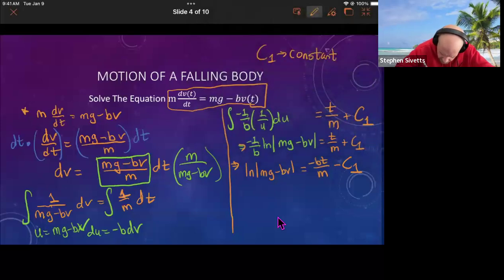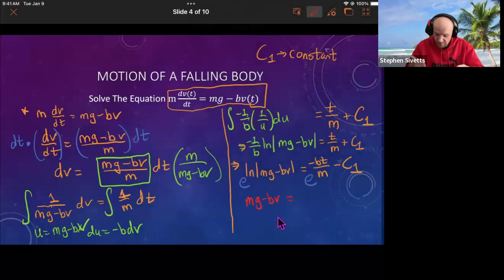So if we take the Euler's constant to both sides, the left-hand side will be mg minus bv, equals, so that will be another constant, c2.